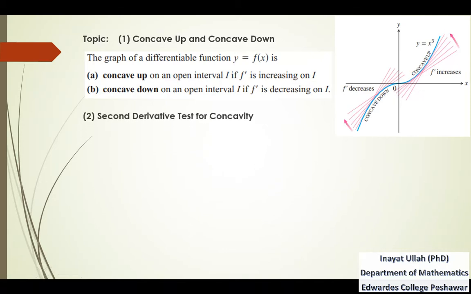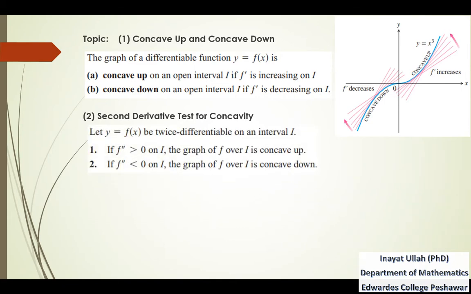So here is a test, the second derivative test for concavity. Let's say a function is twice differentiable, which means that you can find the second derivative of the function on some interval I. If f double prime is positive for all values of x in the interval I, then we say that the function is concave up.